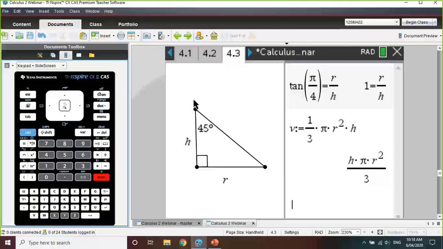So from there, we can look at the diagram. We've got this right angle triangle. We're given the height, we're given the angle of 45 degrees.